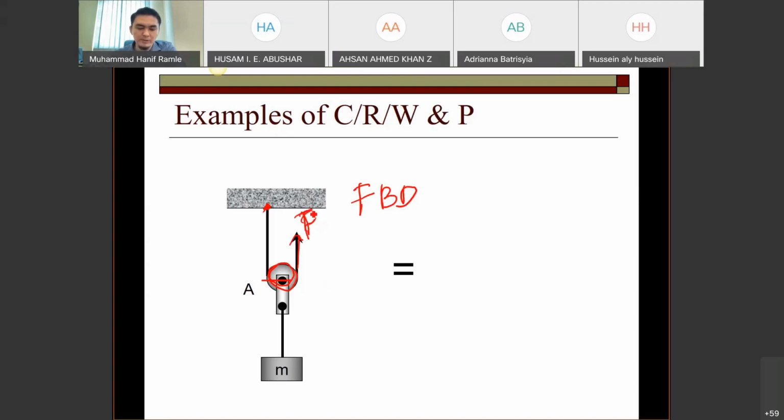The FBD at point A, with a particle size: you have weight here, you have 2T, because there are two directions acting on point A. So that's why we have 2T and one weight.